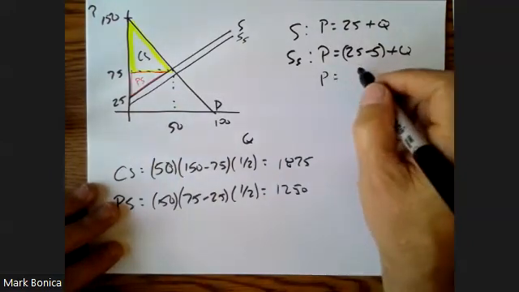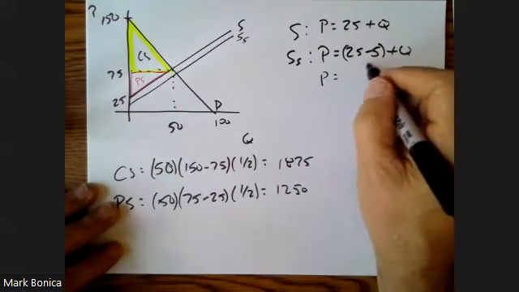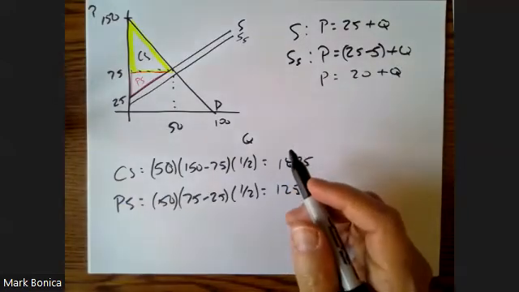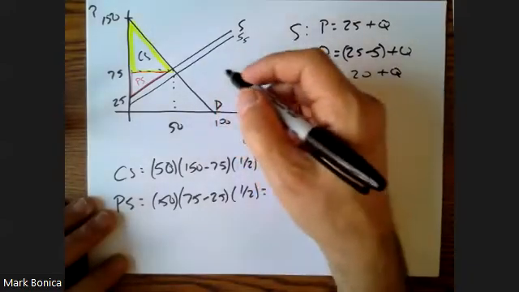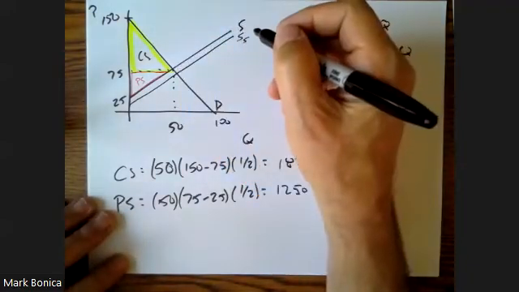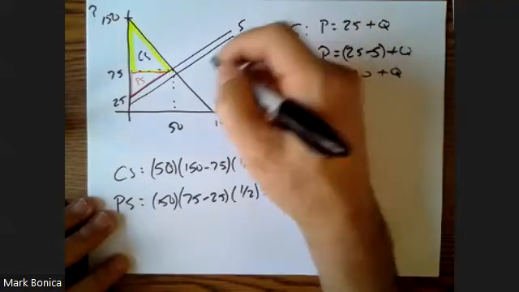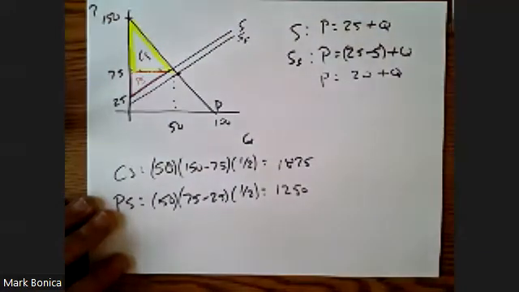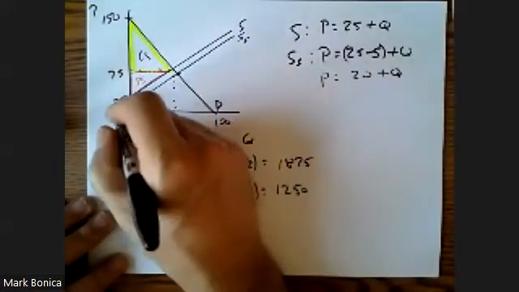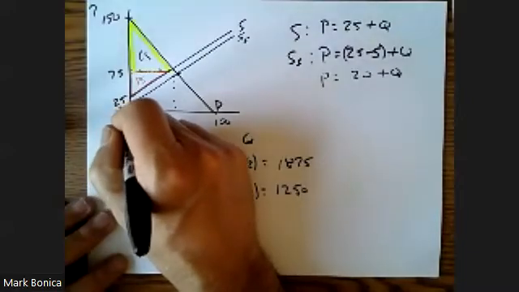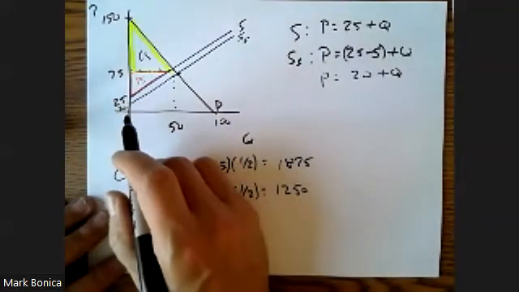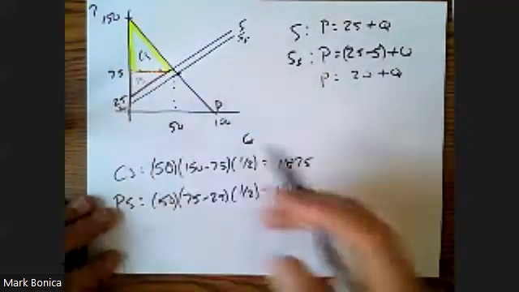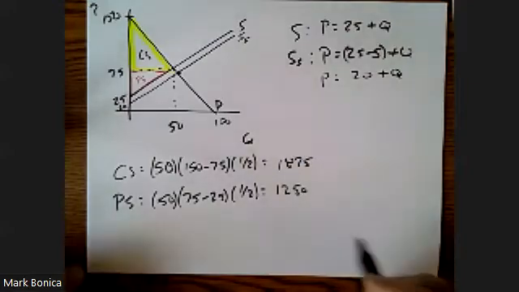And so her subsidized supply curve is 25 minus 5, 20 plus Q. So now she is willing to produce where this subsidized supply curve crosses the demand curve, and the new intercept is 20, not 25, right? And that shifts it to the right, or you could say down, either one is acceptable.